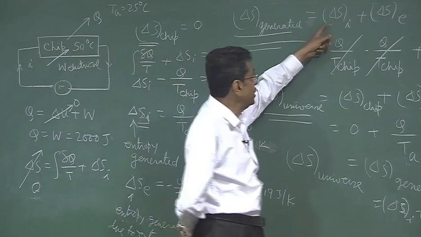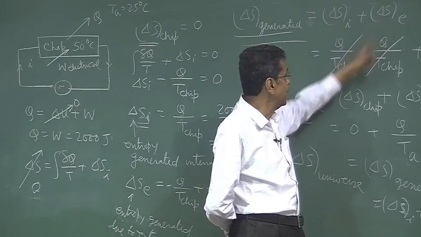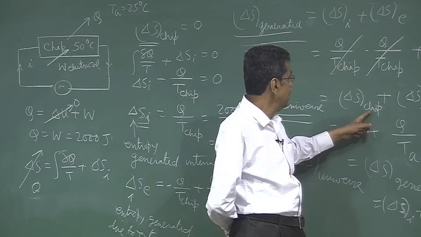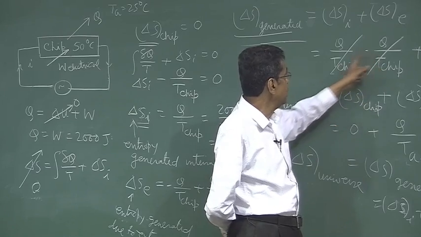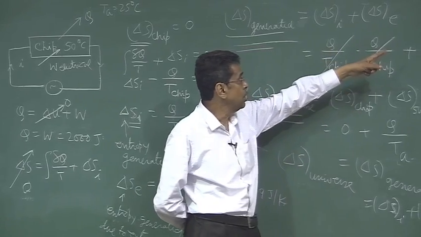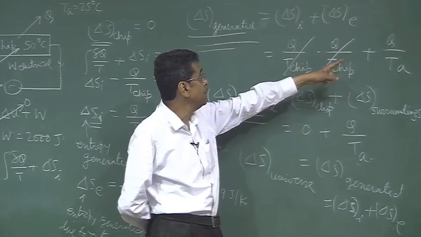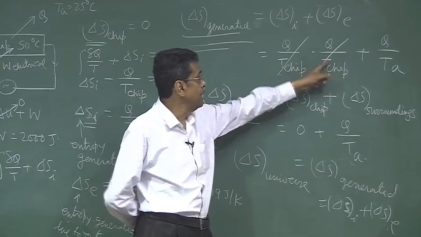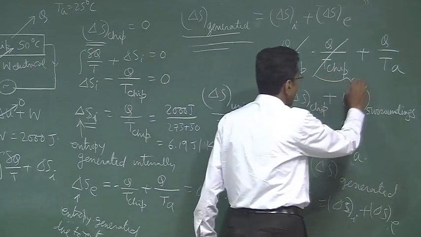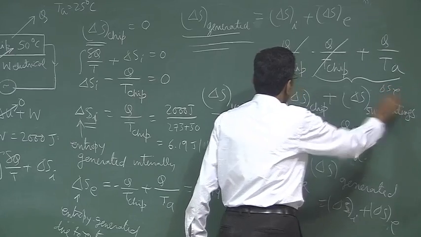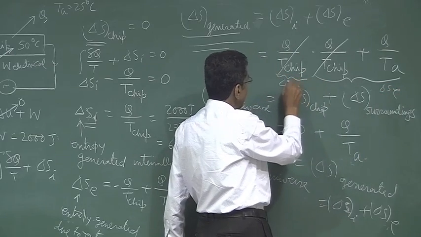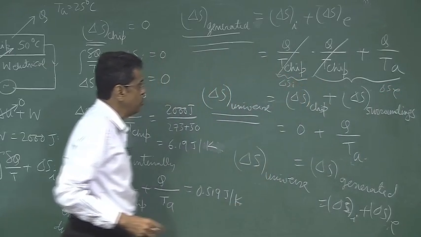So the total entropy generation, due to both internal and external irreversibility, is delta Si plus delta Se, and this cancels out so that it becomes Q by TA.